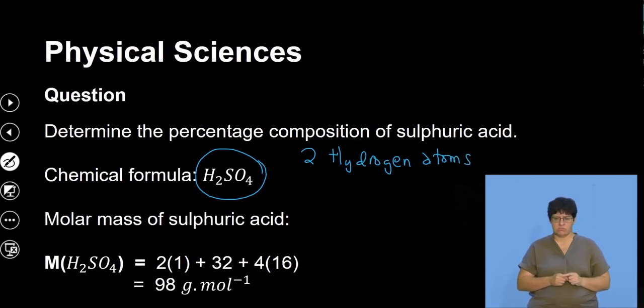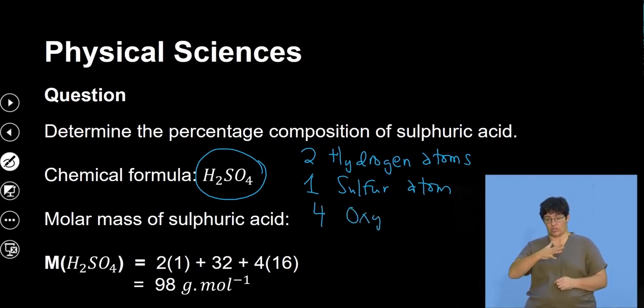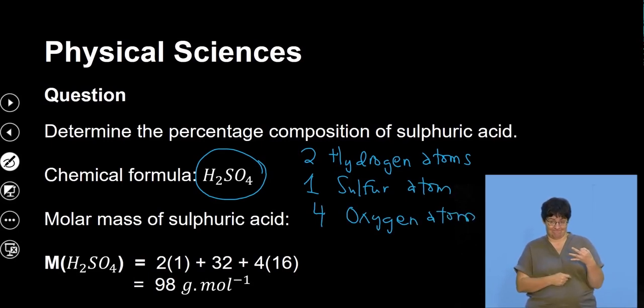We know that there is 1 sulfur atom and 4 oxygen atoms. This can only be correct provided the chemical formula is also accurate. So the starting point of determining percentage composition actually starts from identifying the correct chemical formula.